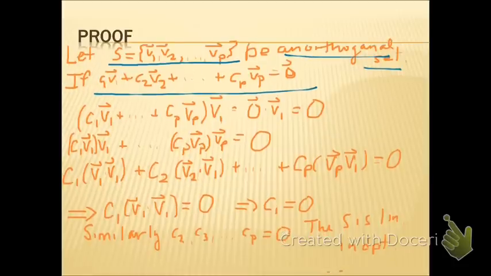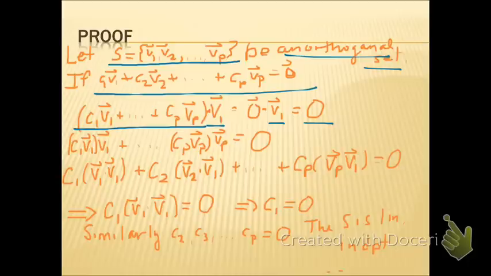If we take the dot product of each side with the vector v1, since these are orthogonal, we know this will be equal to 0. So we have this linear combination dotted with v1 is equal to 0.